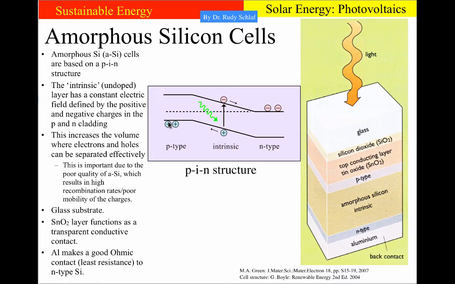The other main difference is that in these amorphous thin film solar cells, a conducting oxide film is used as top electrode. It's made from tin oxide. The advantage of this approach is that the metal grid is avoided, so it's a much cheaper production process. Here we simply coat the substrate with another film on top of the silicon.